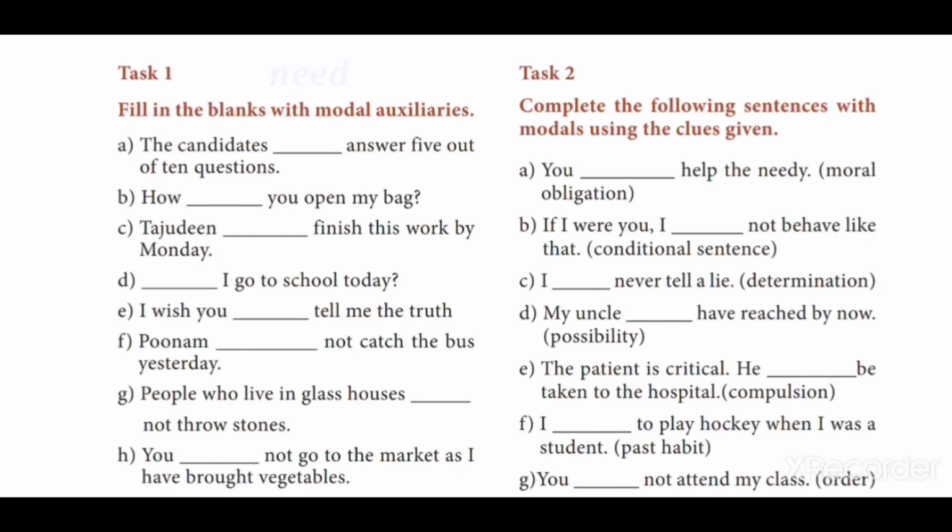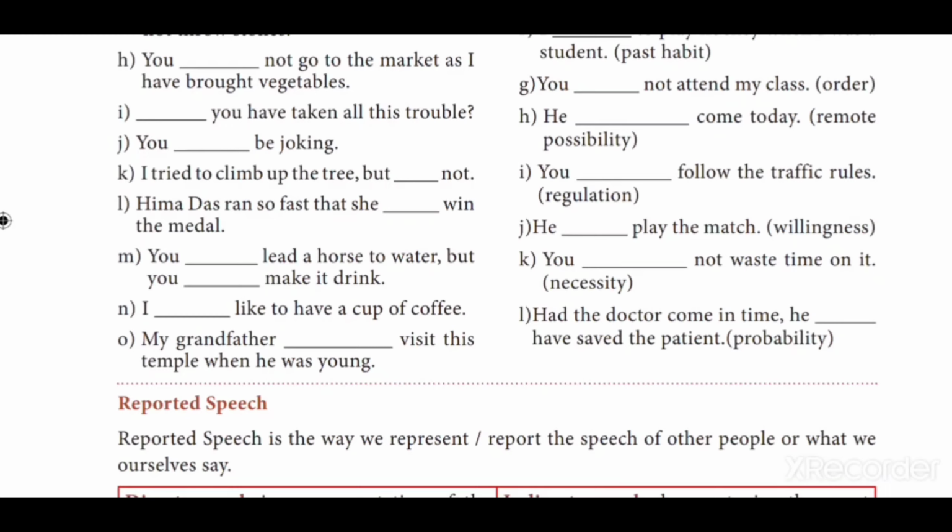And the next is I. Dash you have taken all this trouble? Here the answer is must. It is, must you have taken all the trouble? Next is J. You dash be joking, and the answer is must.